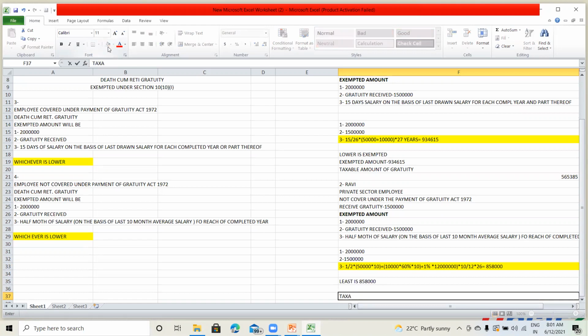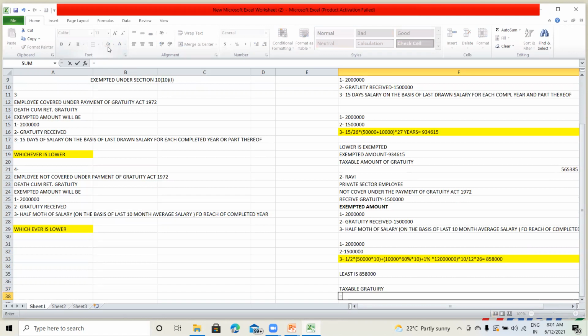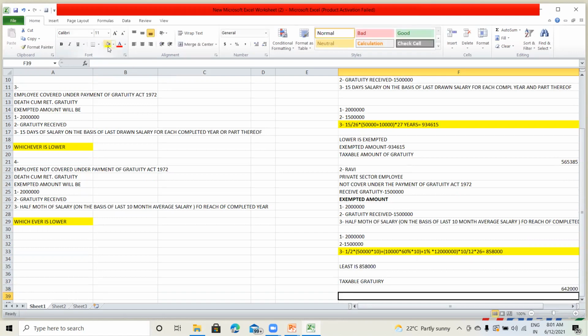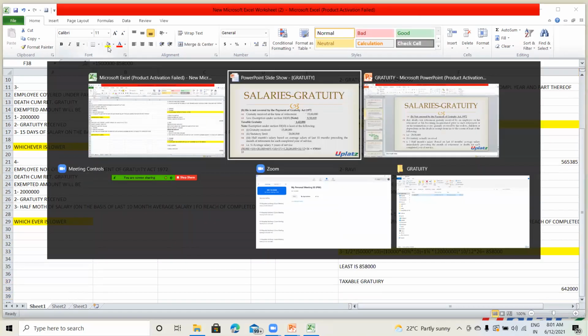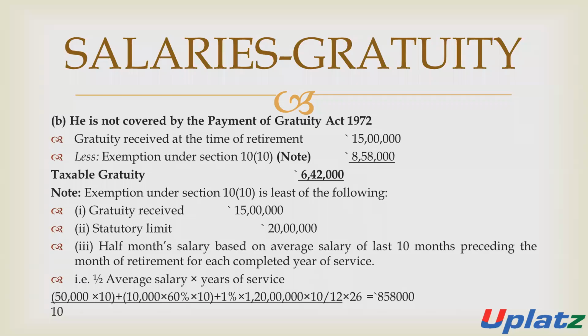So the taxable gratuity is 15 lakh minus 8 lakh 58,000 rupees. So the gratuity taxable amount is 6 lakh 42,000. This is taxable in the hands of Ravi when he is a private employee not covered under the Payment of Gratuity Act.